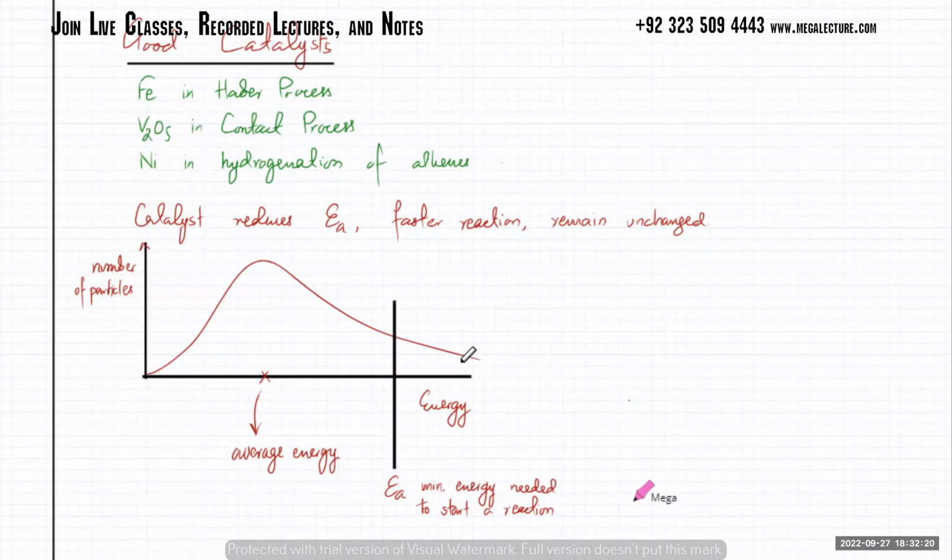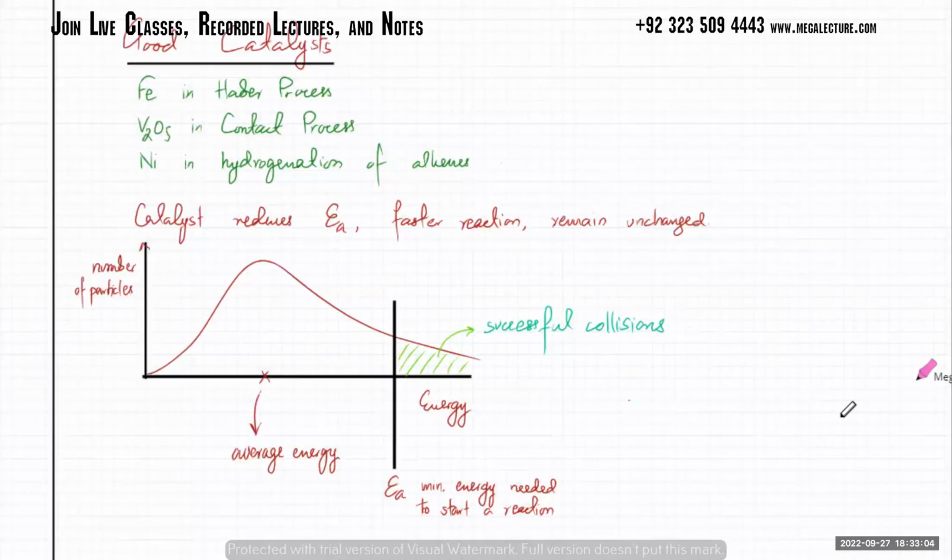Any particle that has energy greater than the activation energy is one of the particles that will successfully collide and react. These particles will have successful collisions. The other ones are not going to, because they don't have sufficient energy. They'll collide, but they won't successfully react.